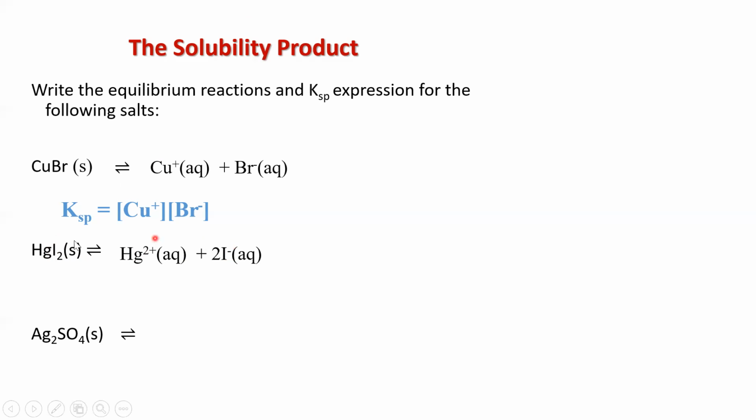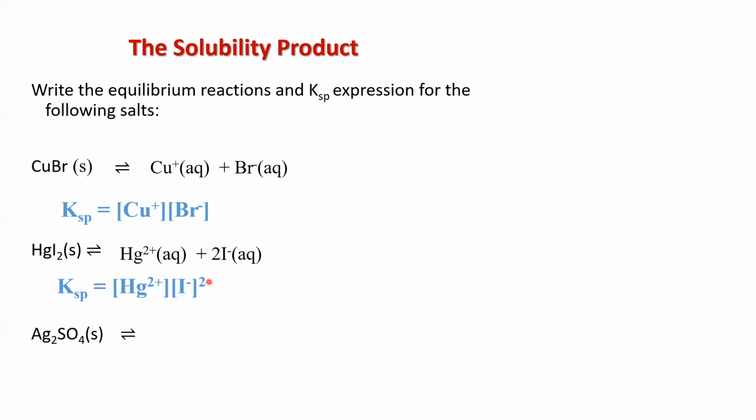And then to balance it, since we've got 1 mercury here, we want 1 mercury here. And since we have 2 iodides here, we want 2 iodides here. So there's our equilibrium reaction. So to write the Ksp, the concentration of mercury ions times the concentration of iodide ions squared.